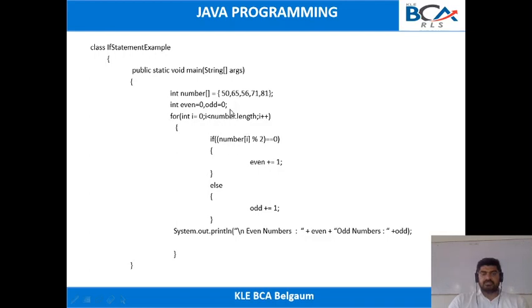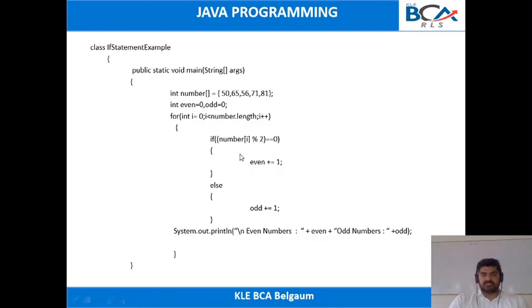First, consider the value 50. Number of i points to 50. 50 mod 2 gives 0, so you can consider it an even number. So increment the even value.